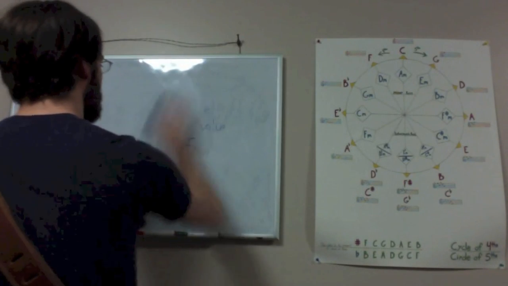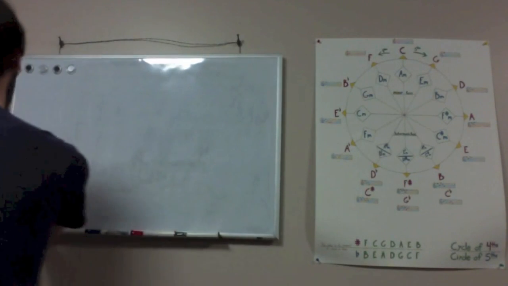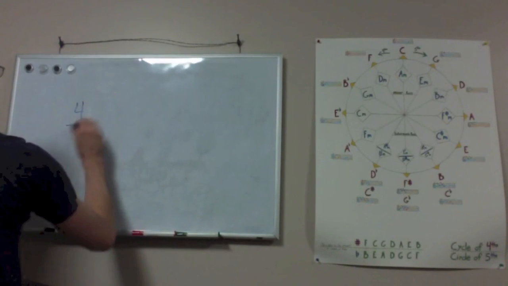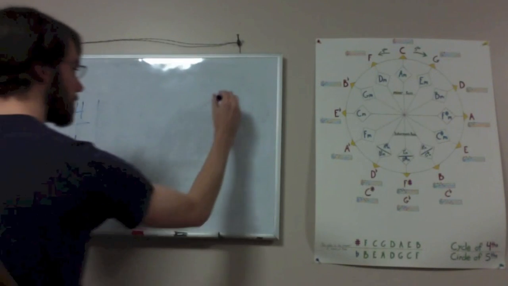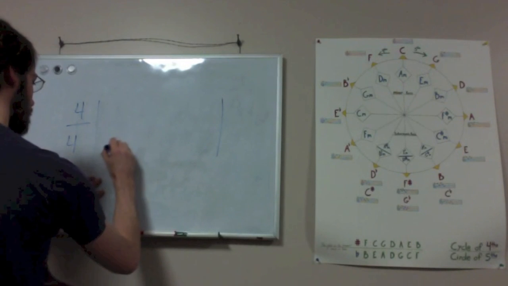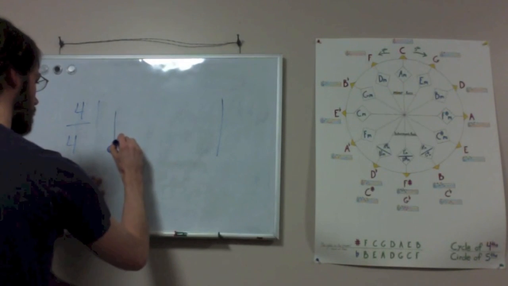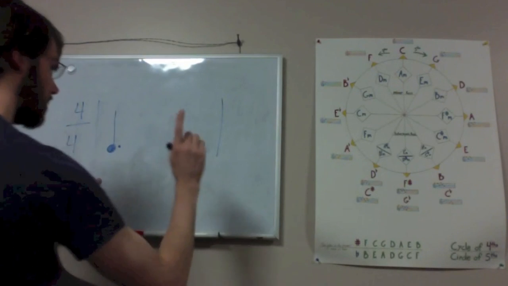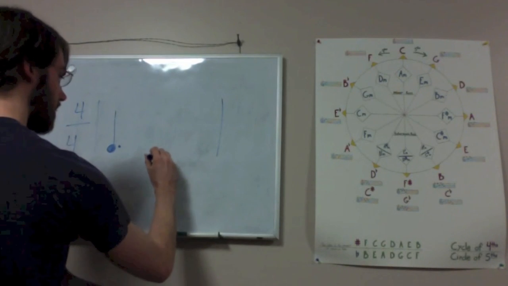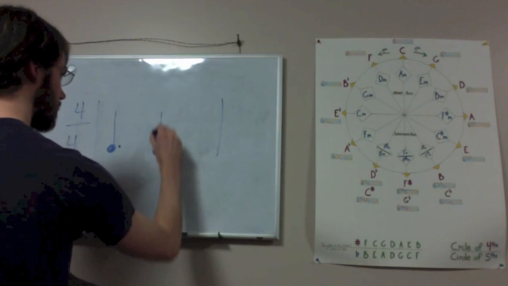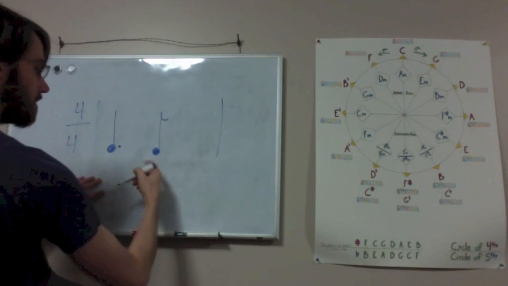Okay, so let's look at an example of this dotted business. I'll give us another measure here in 4/4 time. And at the very beginning, I'm going to put a dotted quarter note. Now, this is not always the case, but very often when you see a dotted quarter note, it will be followed by a single eighth note.